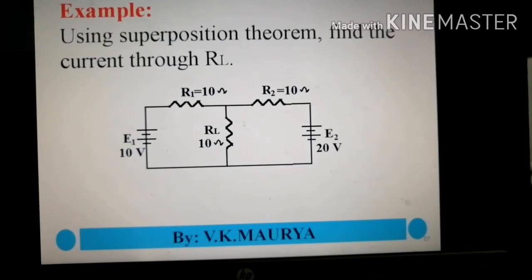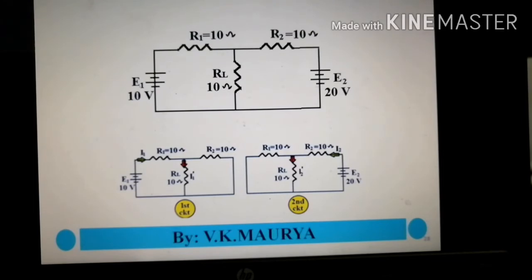It means that this circuit is further divided into two sub-circuits. In the first sub-circuit, source E1 is connected and E2 is short-circuited. In the second sub-circuit, E2 is connected and E1 is short-circuited.